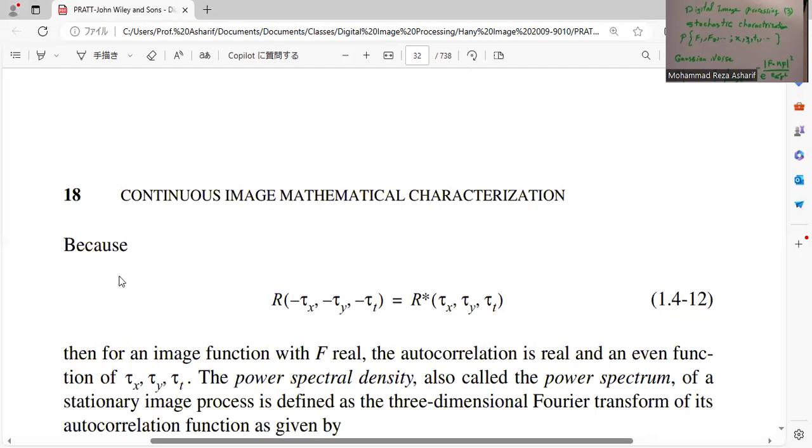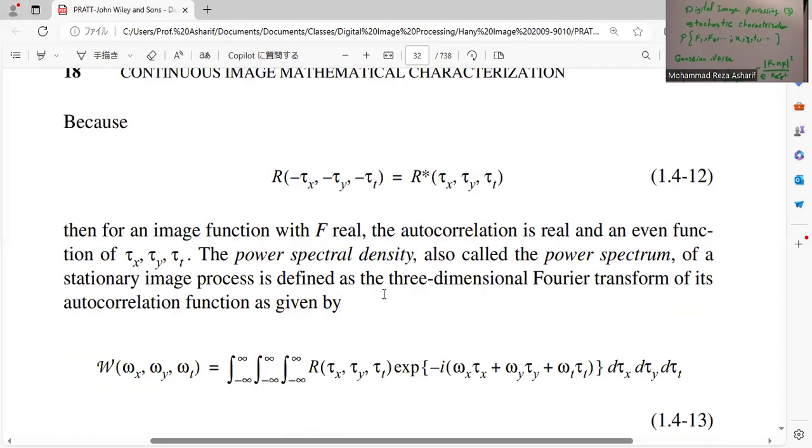Also, because of symmetry, we have this equation. And also for the image function f, the autocorrelation is a real even function, and its transform is the power spectral density.